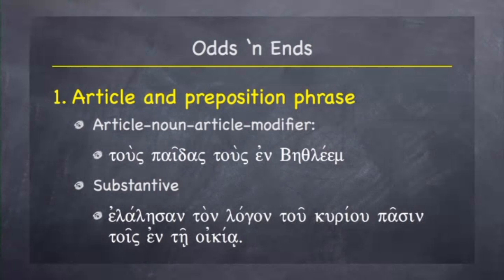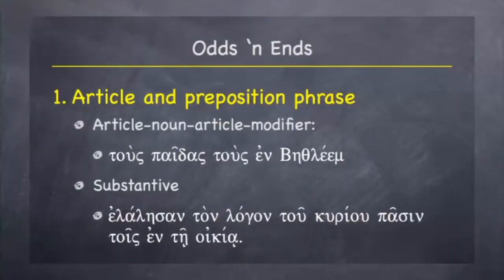Now, how do we say that in English? Well, we might say the children in Bethlehem, or we might say the children who are in Bethlehem. That's an English style thing. And again, you have to be flexible in translating these. But the point is that second tous, the one right before the prepositional phrase, is simply telling you that that prepositional phrase is modifying the preceding noun.